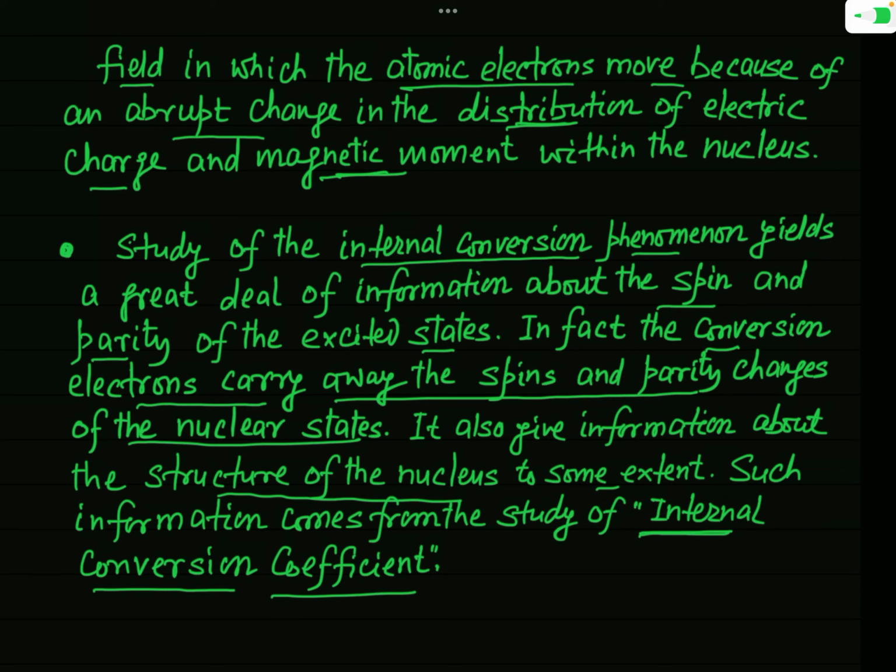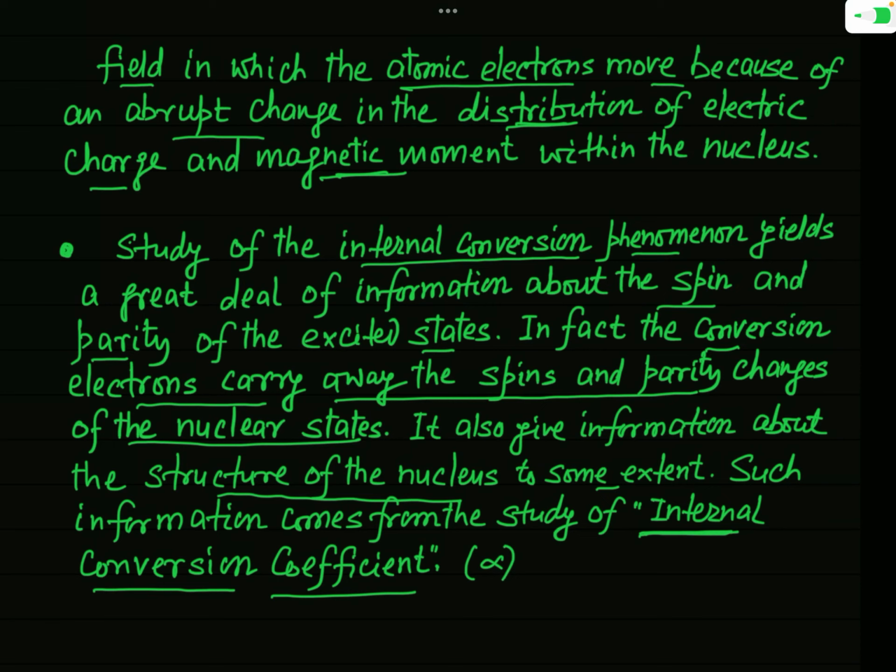That quantity is called the internal conversion coefficient, and we denote it by the symbol alpha. It means you can calculate the value of the spin change, the parity change, or you can know about the structure of the nucleus by this important phenomenon, internal conversion, in terms of the quantity called the internal conversion coefficient.